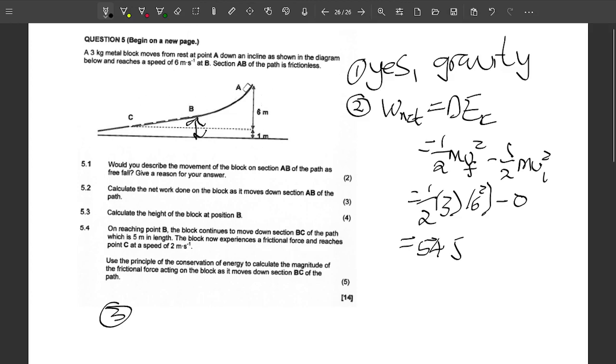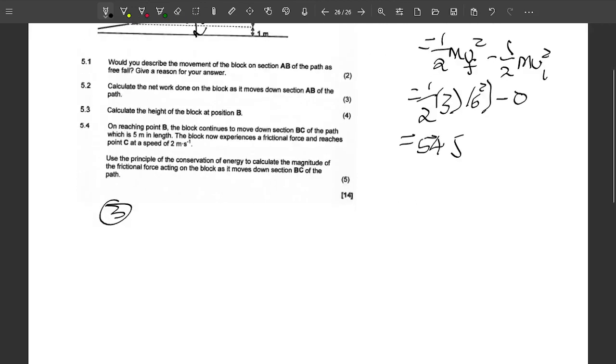So if I use my W net, my W net equals delta K. And if I look at all the forces doing work on this object, it's only gravity at that point.